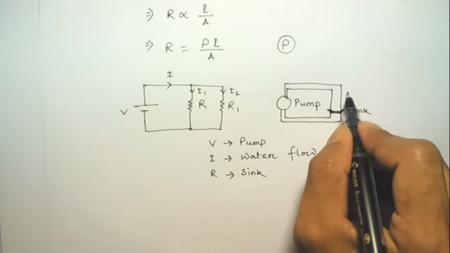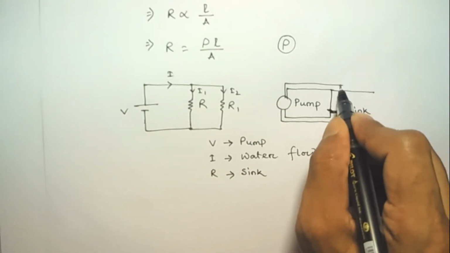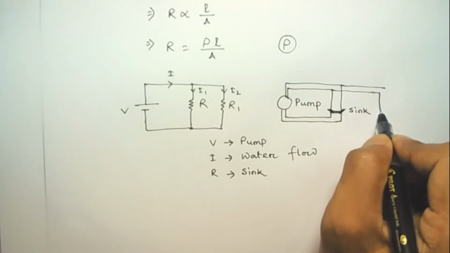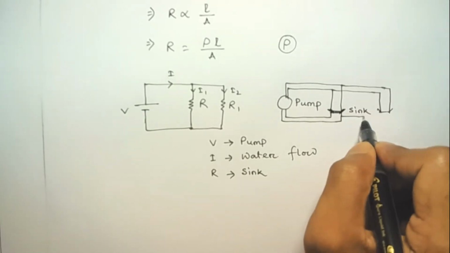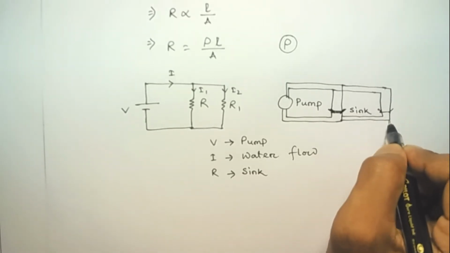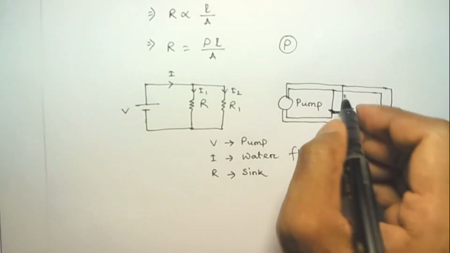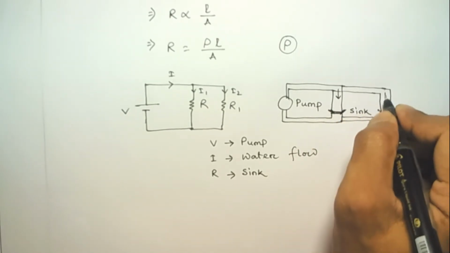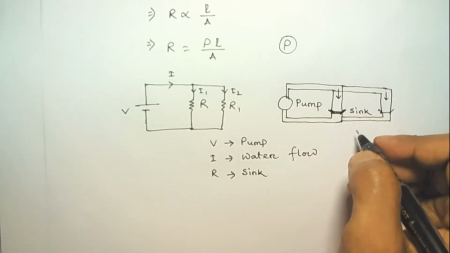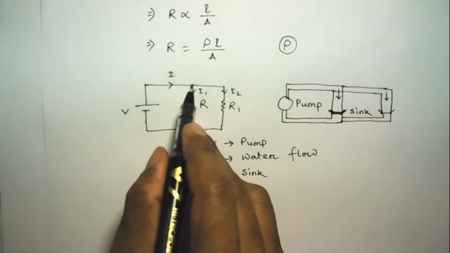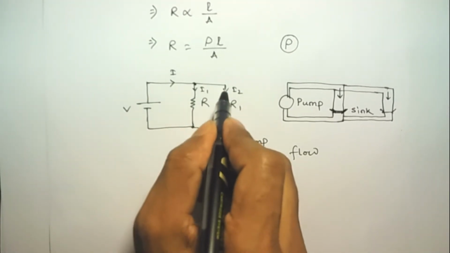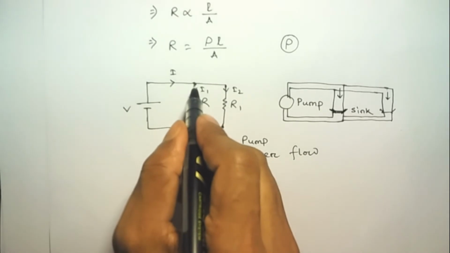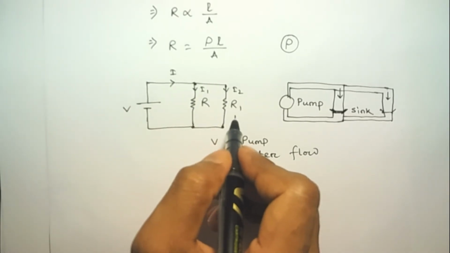Here also, if we connect another path, then water will be divided in two paths. This is 1 and this is 2. So in case of these parallel paths, the voltage is the same for this system, the voltage is the same for R and R1.